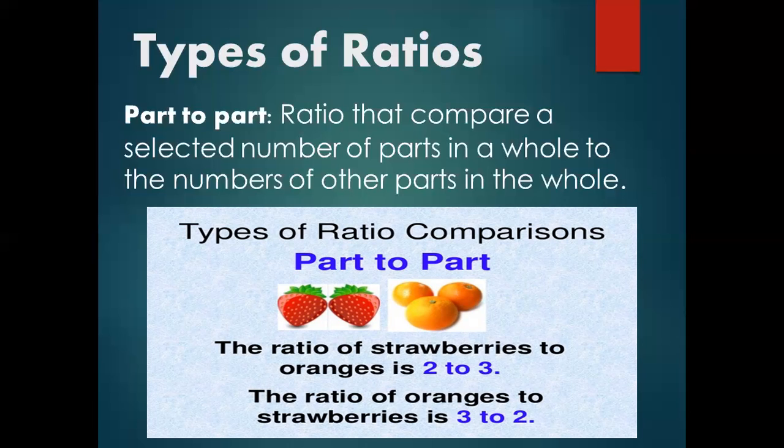Here you can see we have a part that is strawberry. There are 2 strawberries and here we have 3 oranges, right? Now 2 to 3 or 3 to 2, these are the part-to-part comparisons, right?